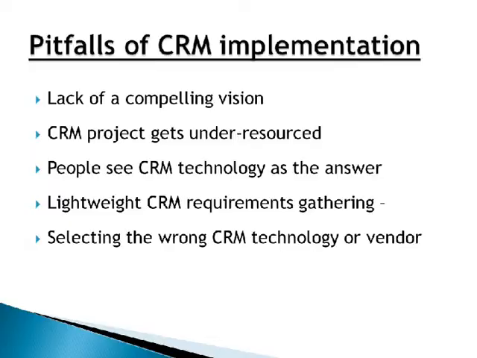This is often a function of a lack of compelling vision, in the sense that without a powerful business case, a lot of projects only attract minimal funding, which in turn proves insufficient to implement a system that delivers real value. People also tend to underestimate the internal time required to implement a CRM system effectively, and projects get badly impacted because staff also have their day jobs.